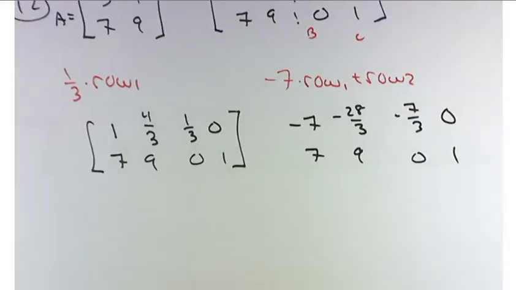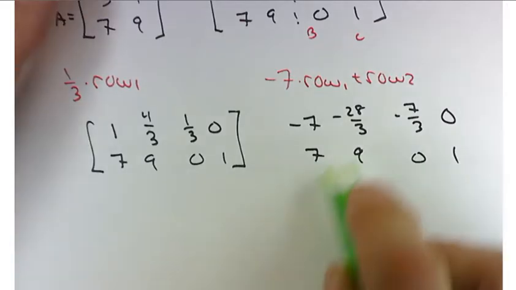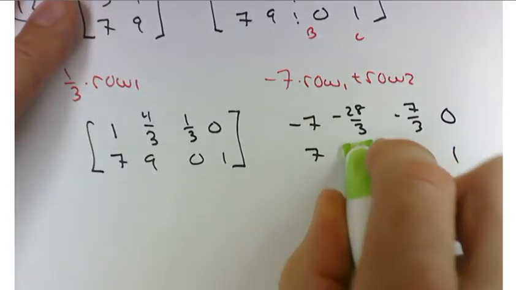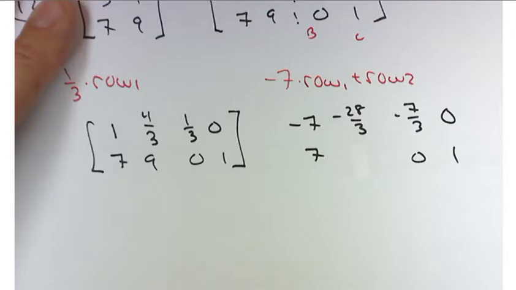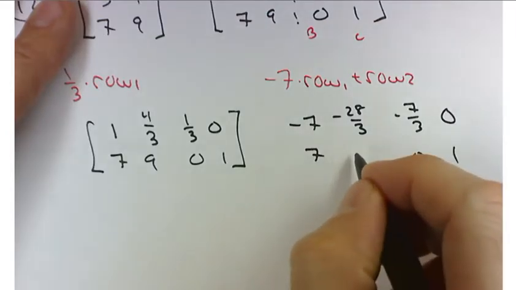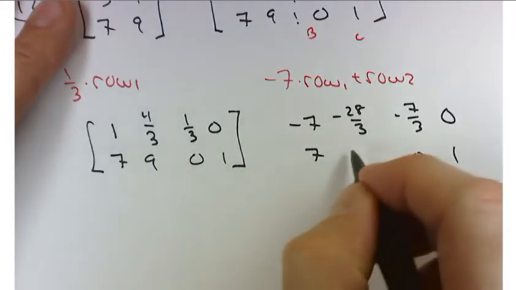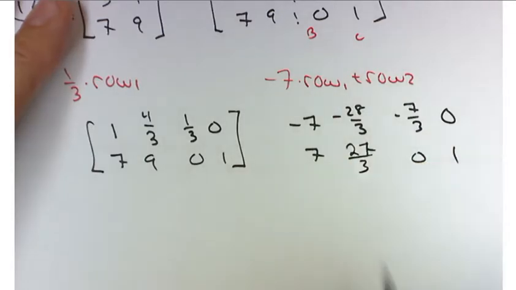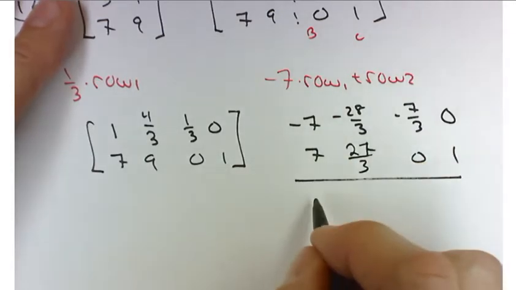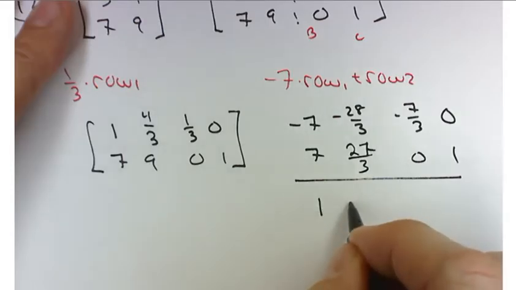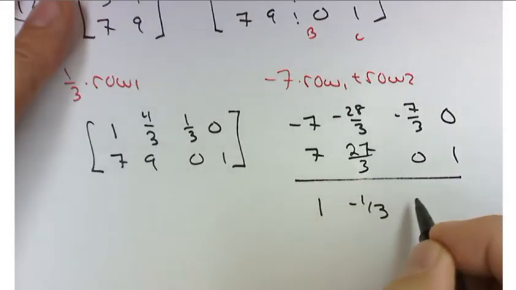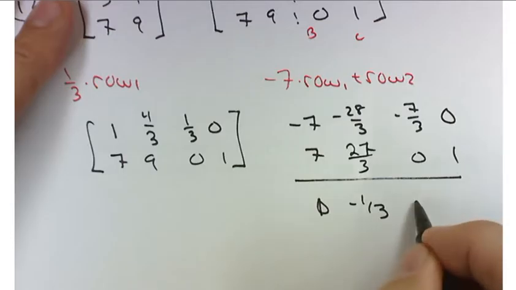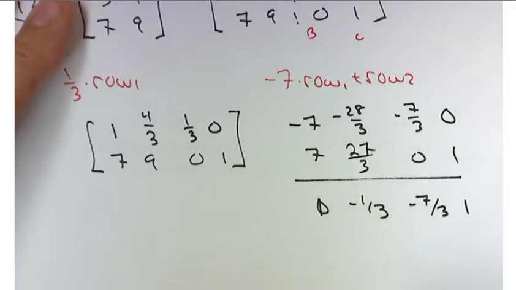In fact, instead of 9, can anyone think of a better way I could write 9 so that I can add these two things together? Something over 3, good. It'd be 27/3. So when I add those together, I get 0, 1/3, negative 7/3, and 1.